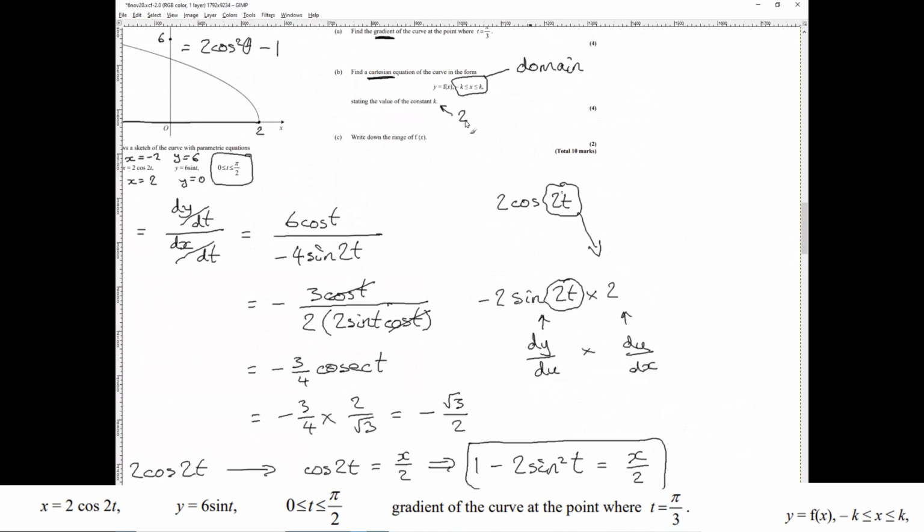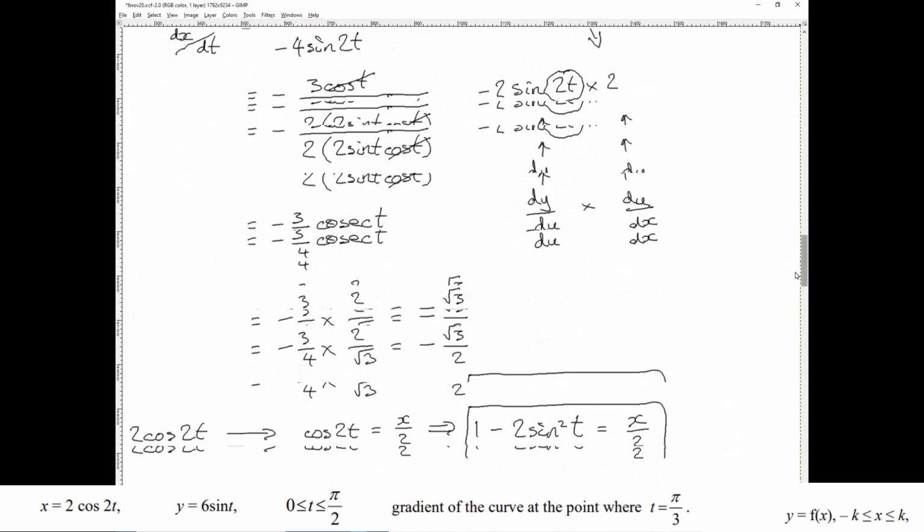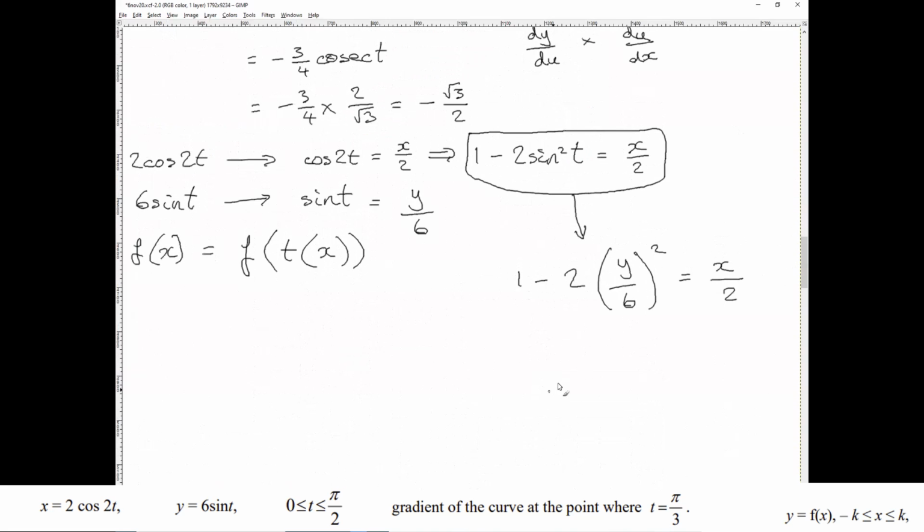So all that's left, because they wanted y to be the subject of a function explicitly in terms of x, we just need to make y the subject now. Okay, so we can take the 1 to the other side. Absolutely. Then if we square what's inside the brackets... you're doing a lot at once.